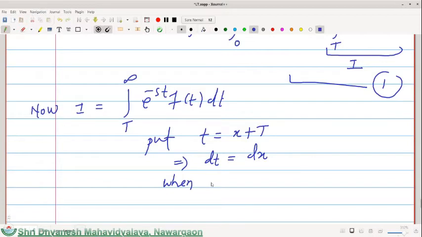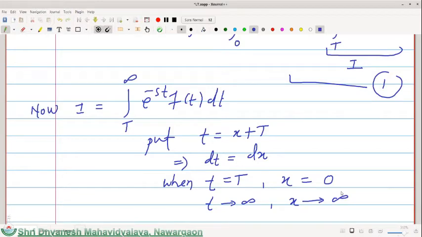When t is equal to T, x is equal to 0, and when t tends to infinity, x tends to infinity.